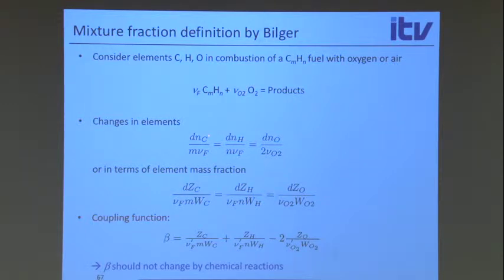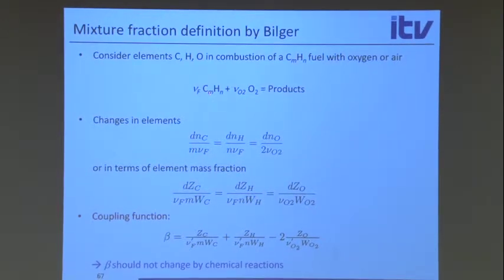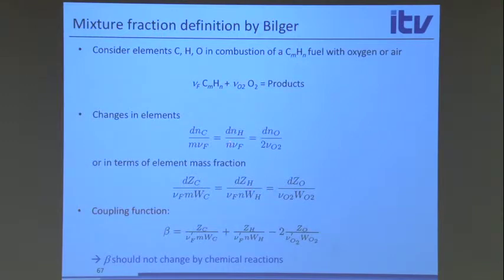So I have here the number of carbon divided now by nu_F, and the number of carbon in the fuel, and the number of hydrogen in the fuel and nu_F. And again, these ratios are the same for all elements, okay? For the same reason we looked at before, only that now this is for elements, and these coefficients m and n appear in these values.